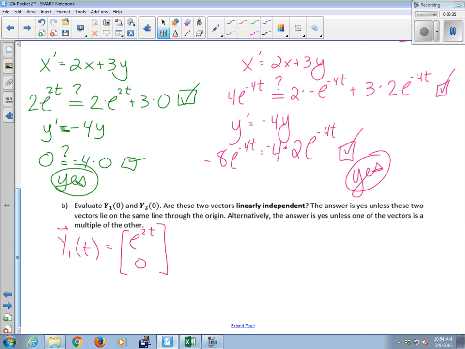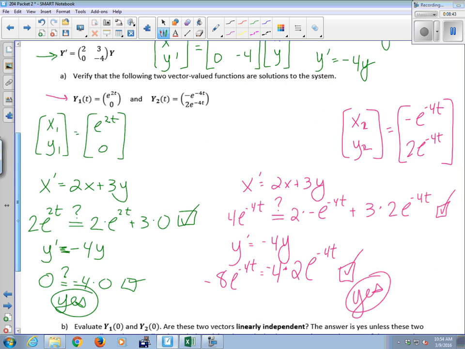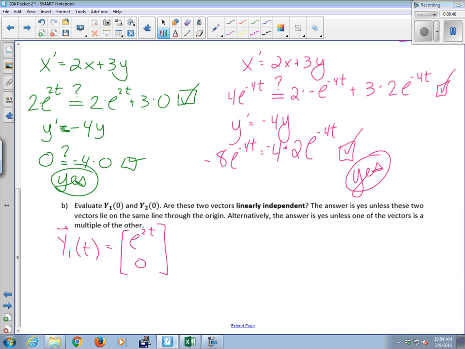That was given, right? I'm just using the given y1 and y2 from up here. And then y2 of t, this is negative e to the negative 4t and 2e to the negative 4t.